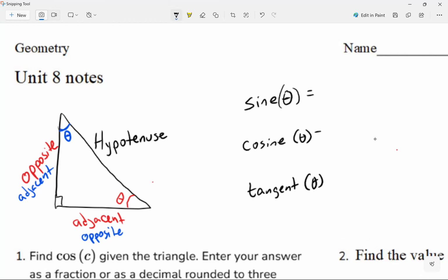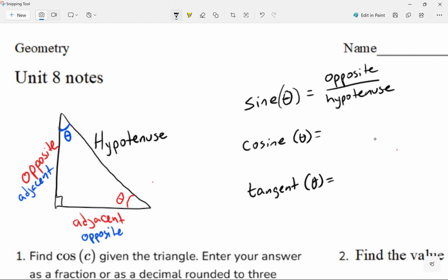Now, our fraction sine, we're going to write this as opposite over hypotenuse. So if I give you guys the measurements of sides and I ask you for sine, find out which side is opposite, which side is hypotenuse, and you go opposite over hypotenuse.